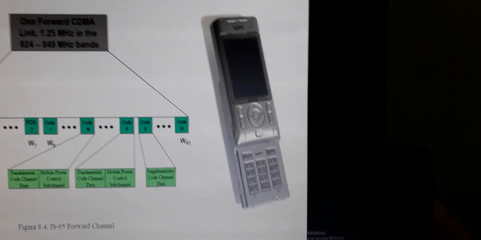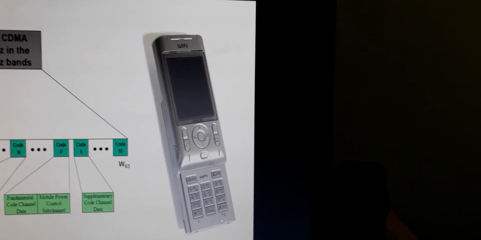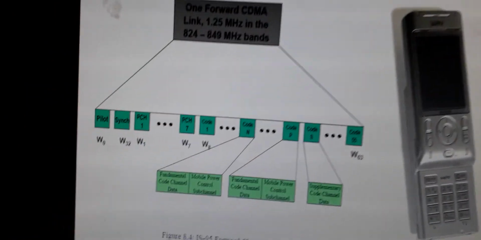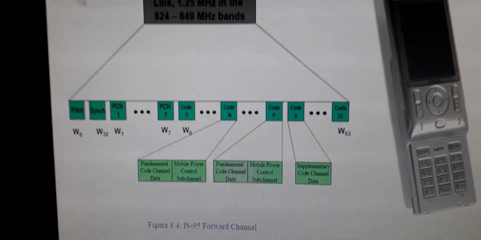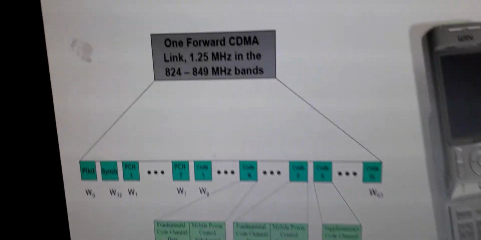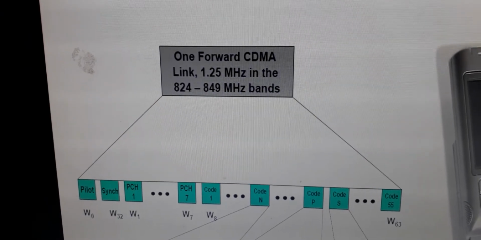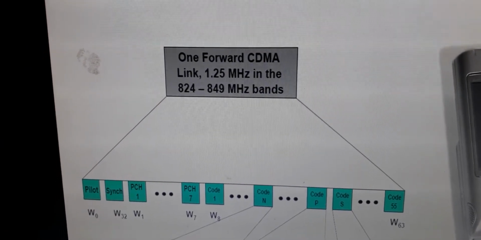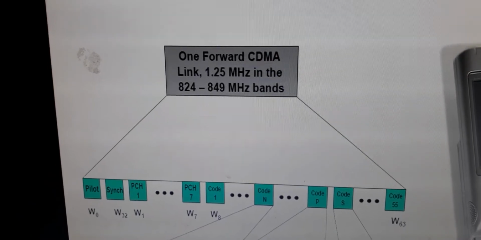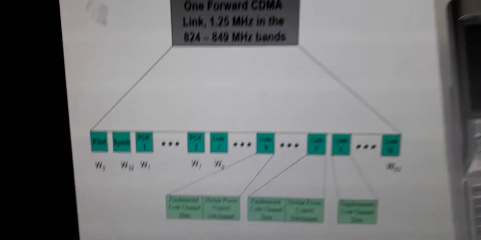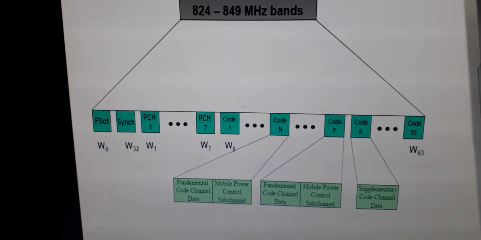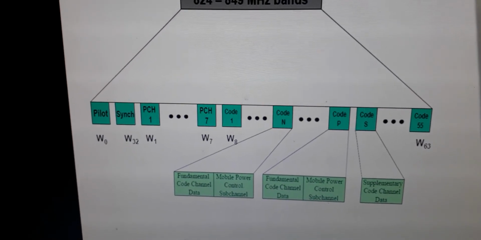First of all, please note that this is the CDMA set, which is also provided to all the customers by the same service provider. So these are some of the channels I explained earlier. One forward CDMA link is 1.25 megahertz in the allotted frequency band. How many bits are there in a Walsh sequence? 64 bits.